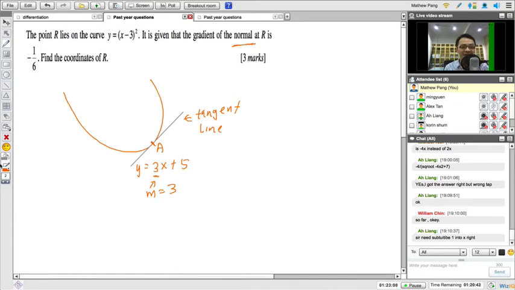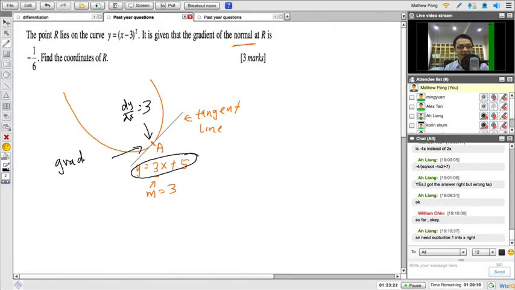This information is very, very important. So that means at A, my dy/dx will equal 3 because of the equation given. I know y equals mx plus c. So my dy/dx is 3 at A. Alright, this is called the gradient of tangent.